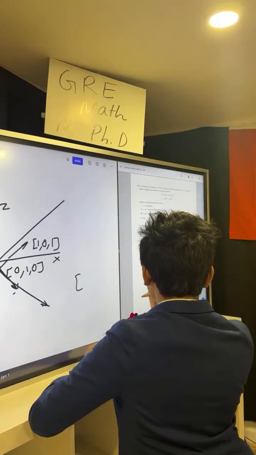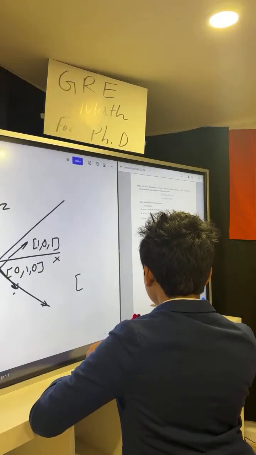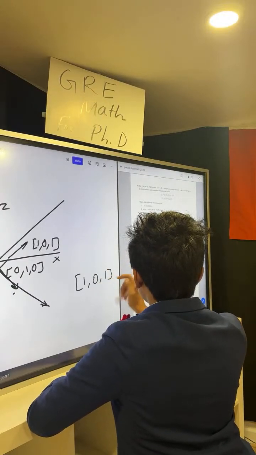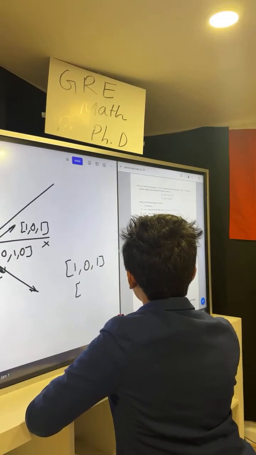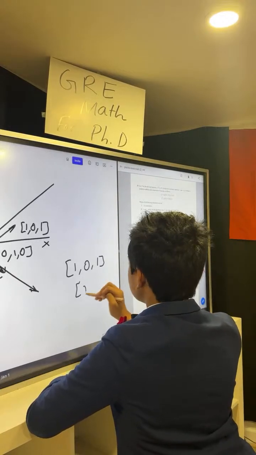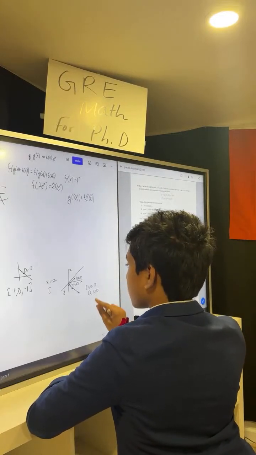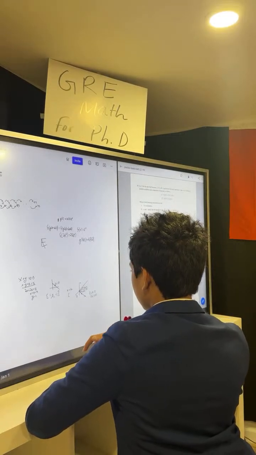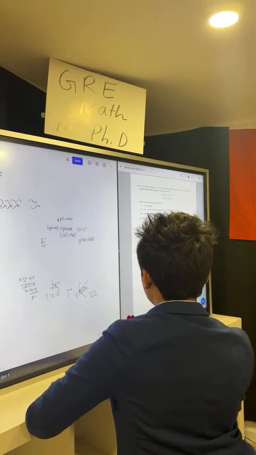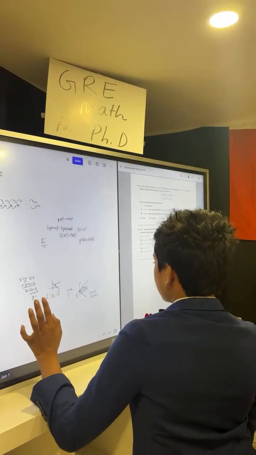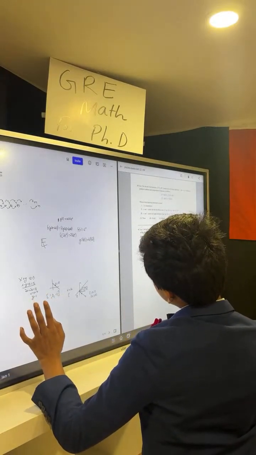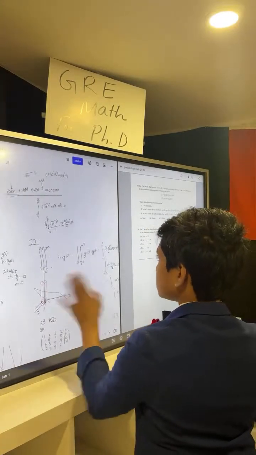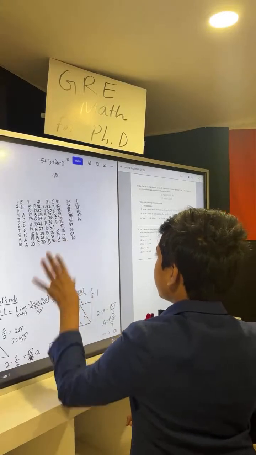I mean, 1, 0, 1 works, and I think 0, 1, 0. Yeah, that might just do it. Wait. Yeah, I think it's x minus z is equal to 0. Should be A.